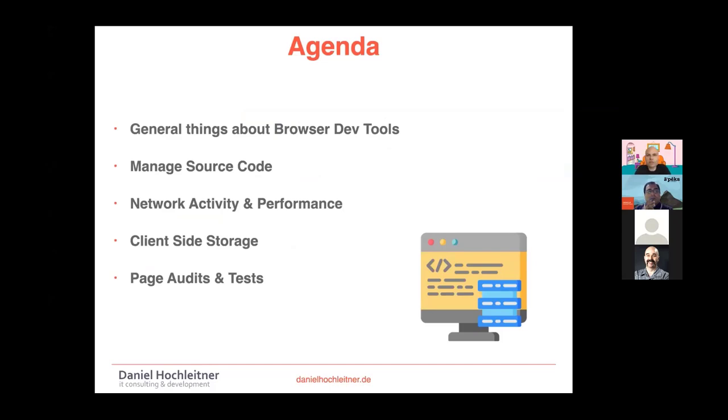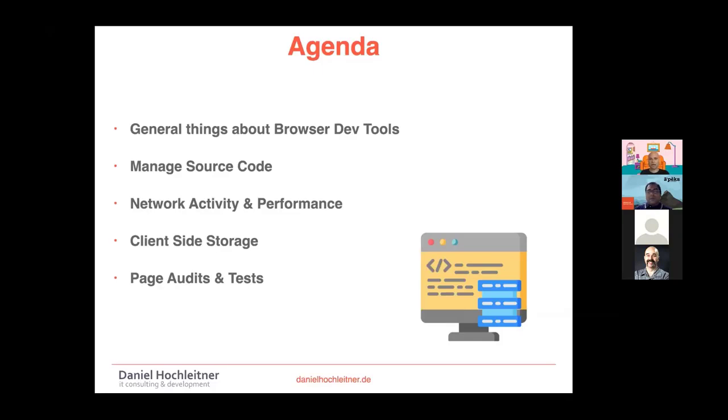The agenda for today is, first of all, some general things about browser development tools, how to manage your client-side source code, so JavaScript and CSS, for example. Then monitor the network activity and performance, so the network activity between the client and the server side.